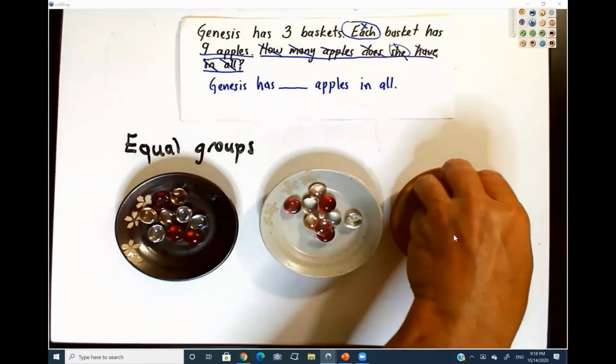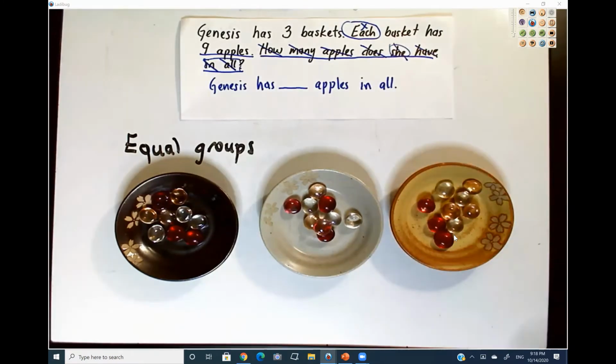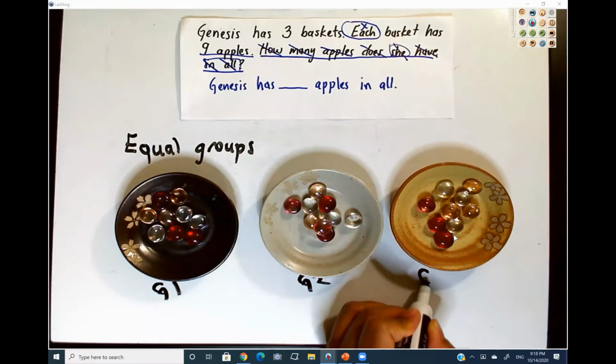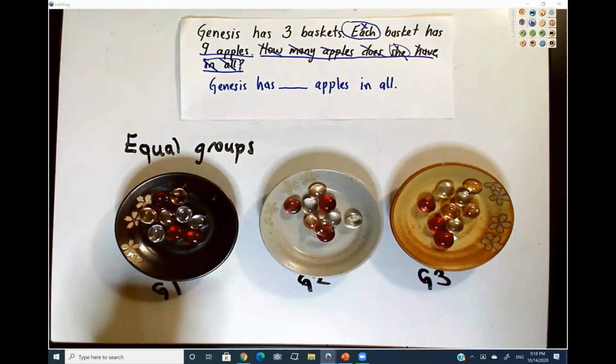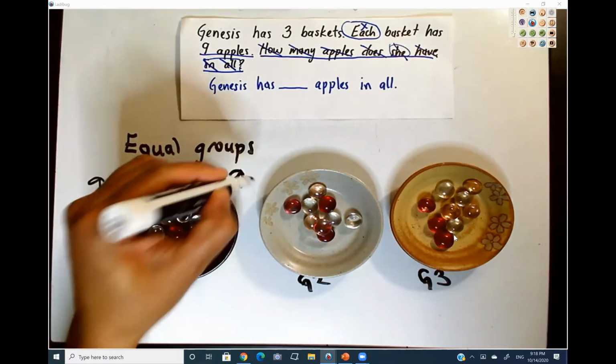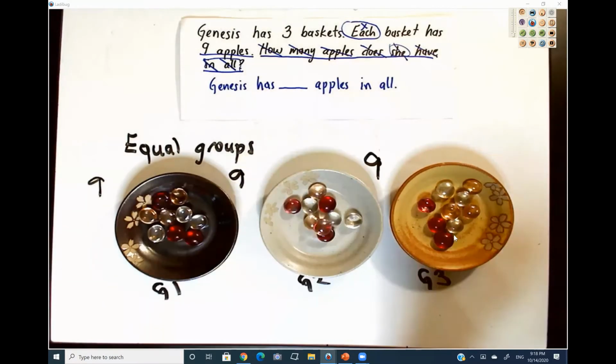Now, if we count them, we can find out how many she has in all. This is group 1, this is group 2, and this is group 3. And I know that she has 9 apples in each basket.